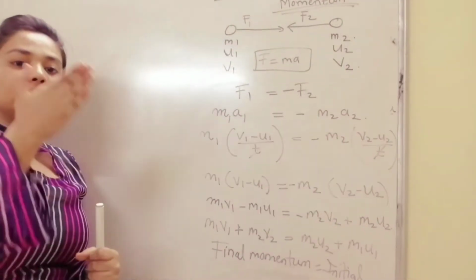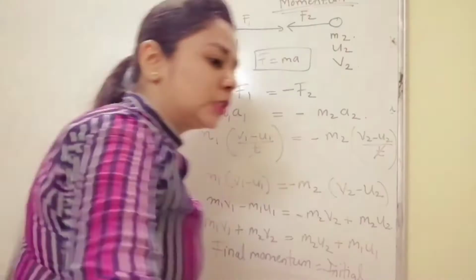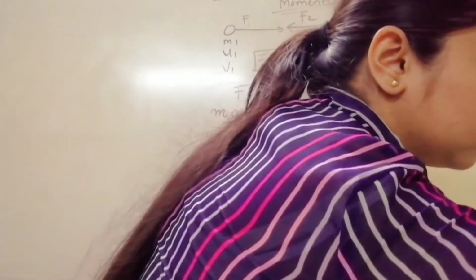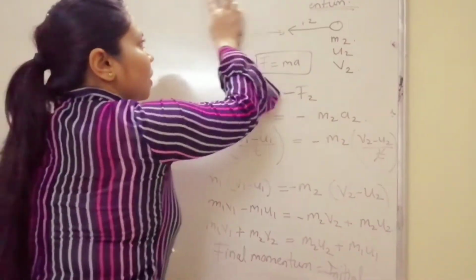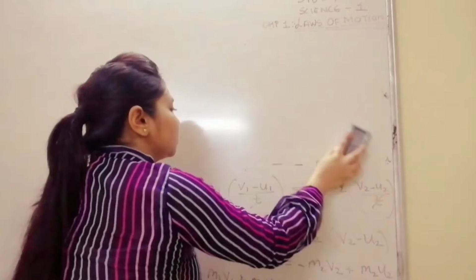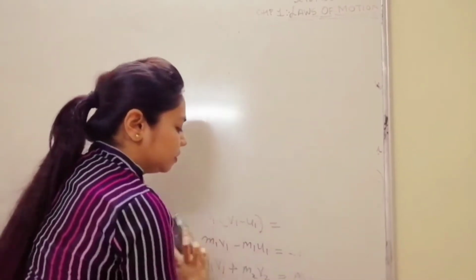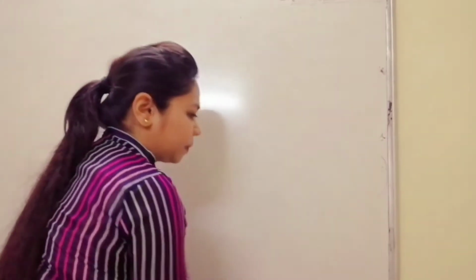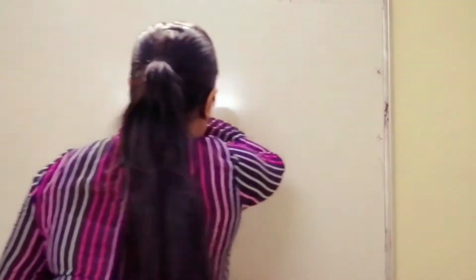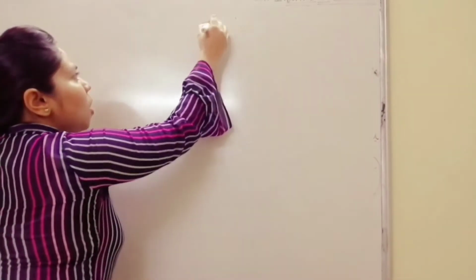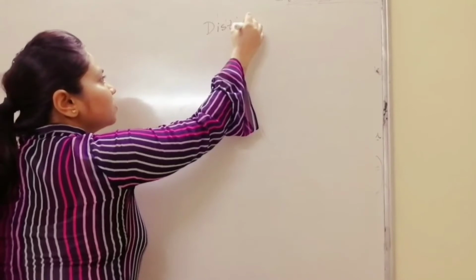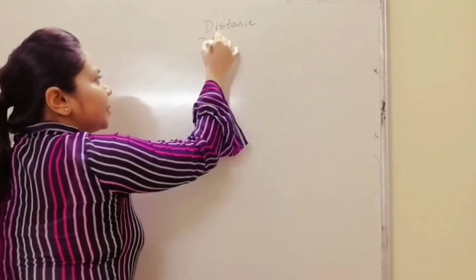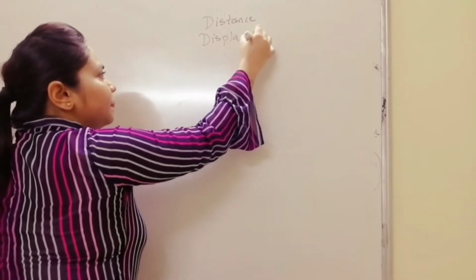Laws of motion chapter. Now let us revise what we have studied. Firstly, we studied what distance and displacement are, and the difference between them.